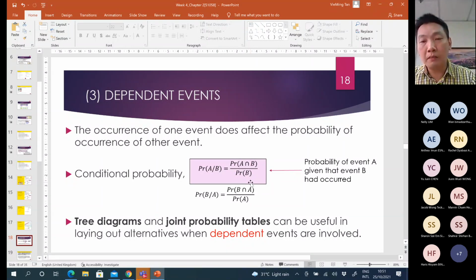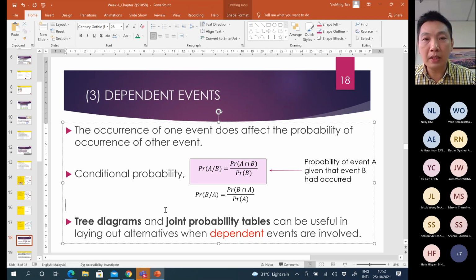Similarly, if you want to calculate probability B, given that A already happened, then the denominator should be A. A has to be put at the bottom as the denominator, and the numerator is probability of B intersect A. Bear in mind, A intersect B is equal to B intersect A, the same meaning.